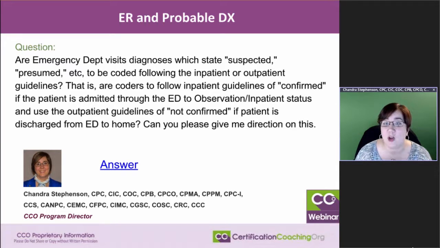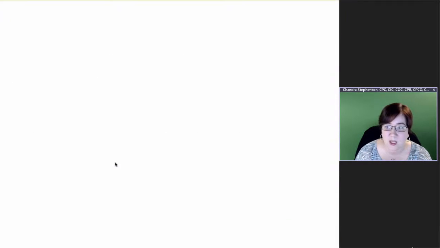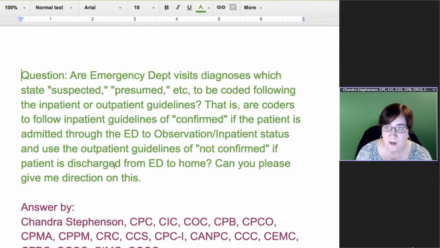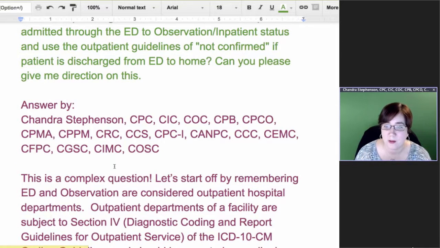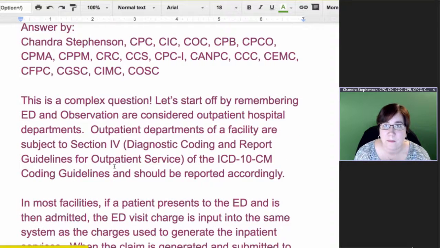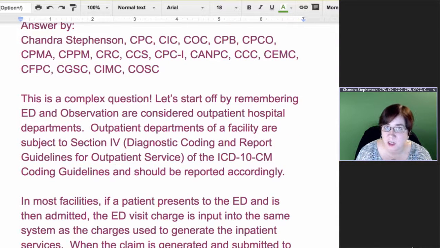That is a great question. So when we take a look at this, a couple of things to remember. If we can scroll up. A couple of things to remember. The question confused a few things. You've got to remember what areas of the hospital are considered outpatient hospital departments.